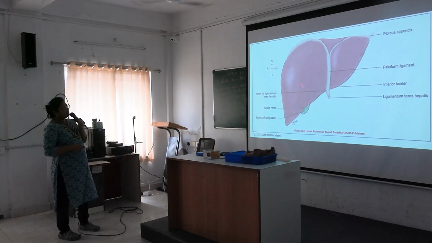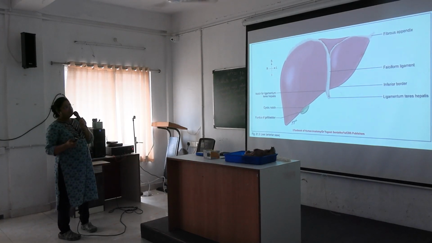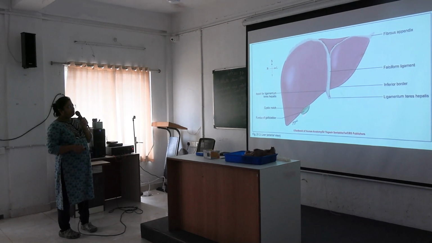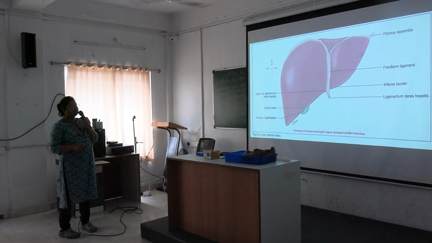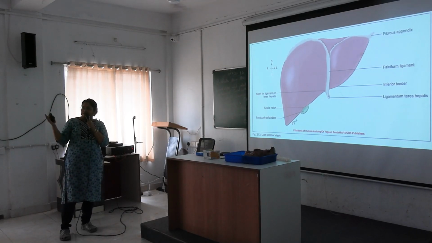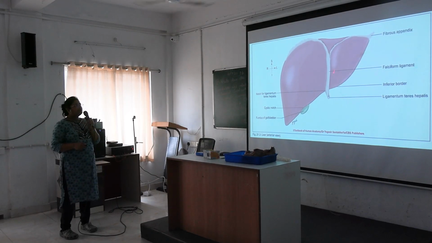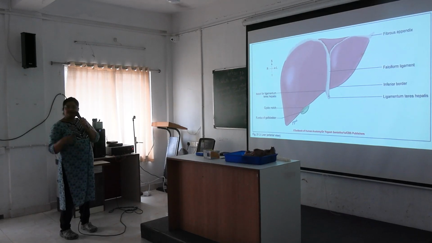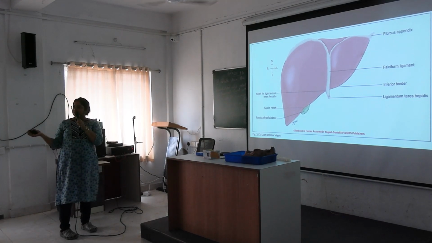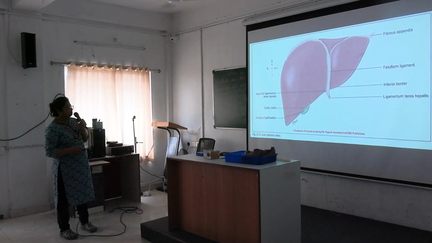So it is dividing the liver into anatomical right and left lobes. This right part will be the anatomical right lobe, this is the anatomical left lobe. It is unequal in dividing the anatomical lobes. The right lobe forms almost 5/6 and the left lobe almost 1/6 of the liver.